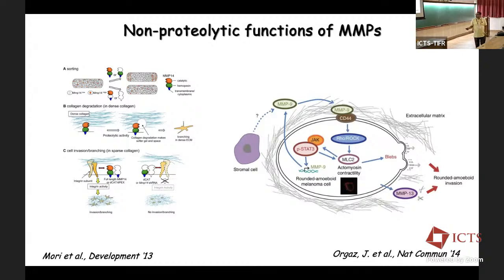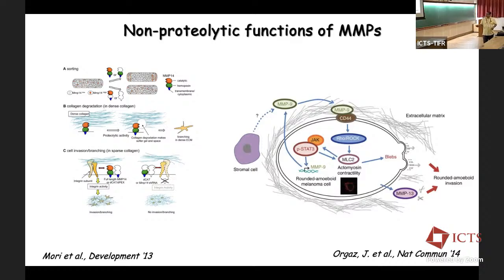This schematic is in the context of mammary branching morphogenesis, when these glands branch in dense collagen. This molecule is your MT1-MMP, which is membrane localized. For branching morphogenesis in dense matrices, the proteolytic activity is essential, right?